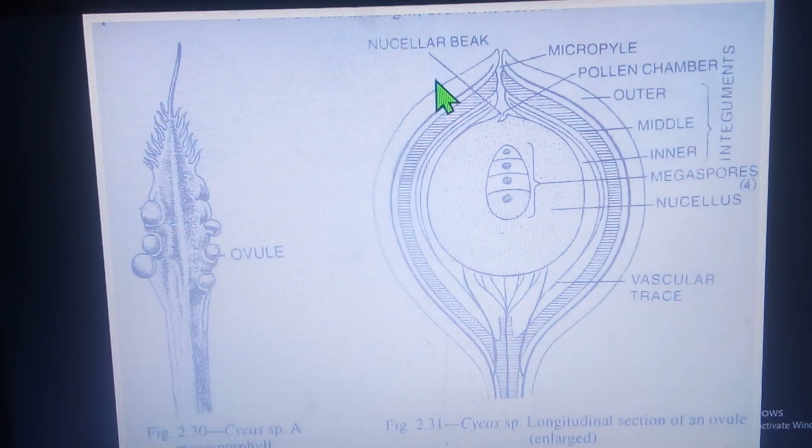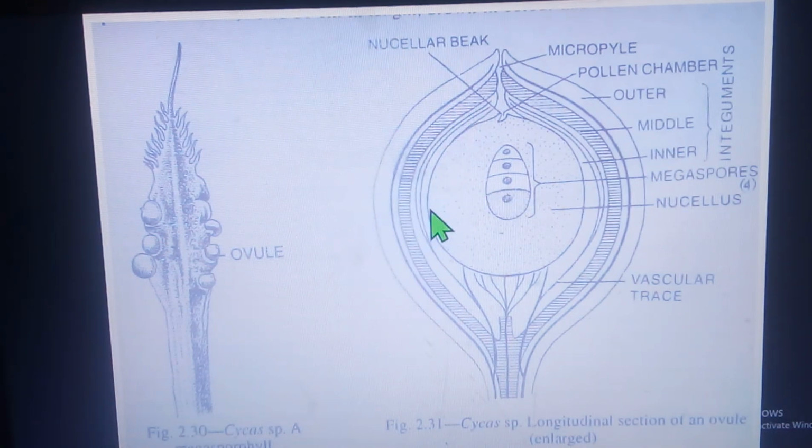These 3 distinct layers are the outer fleshy layer, also called the sarcotesta, the middle stony layer, that is the sclerotesta, and the inner fleshy layer, that is the inner sarcotesta. And you can see these things in black, they are the vascular bundles.